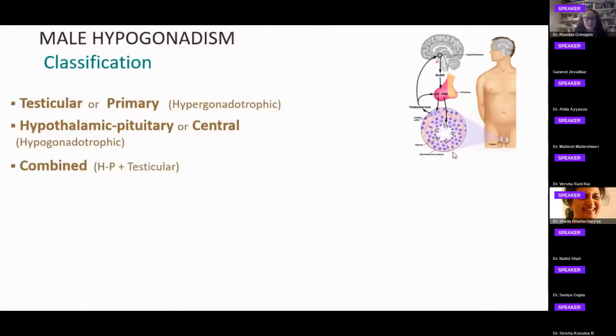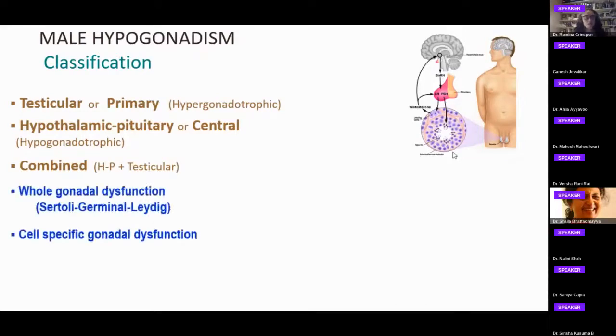I don't like to use the word hypergonadotrophic in childhood because you know that not every testicular hypogonadism has high gonadotropins during childhood. Also, it can be hypothalamic pituitary or central hypogonadism, or combined.